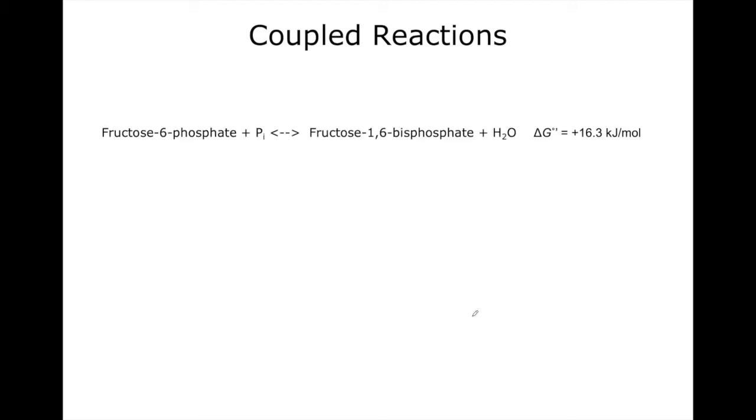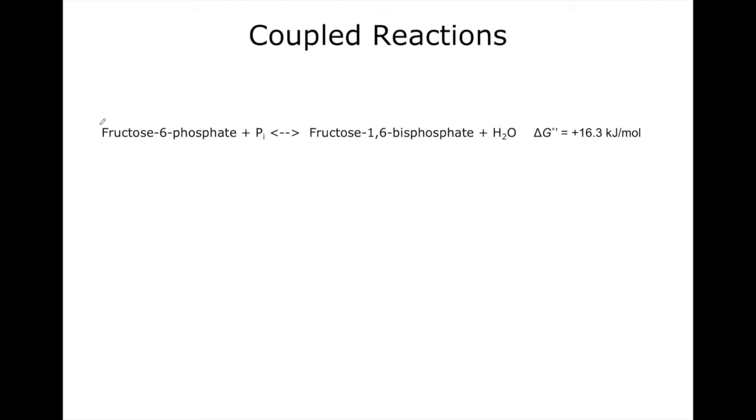Let's look at the example where the molecule fructose 6-phosphate is phosphorylated, or we add a phosphate to it, in order to produce fructose 1,6-bisphosphate. The reason we're looking at this reaction is because it is a very important step in the biochemical pathway called glycolysis.